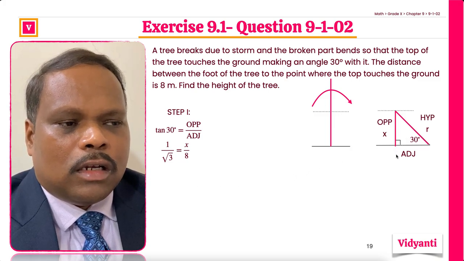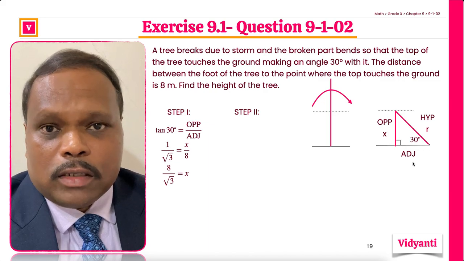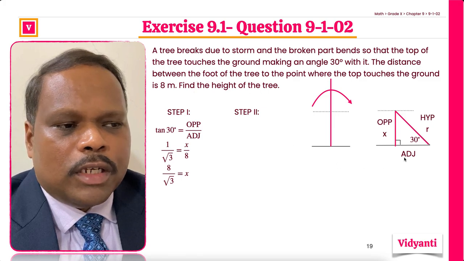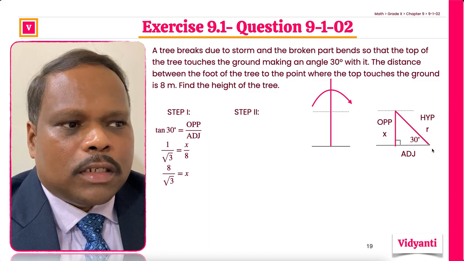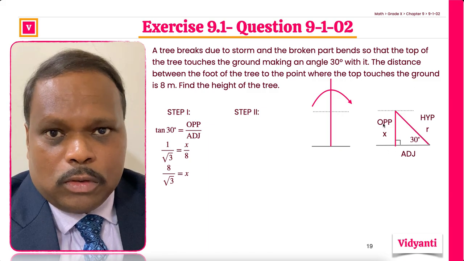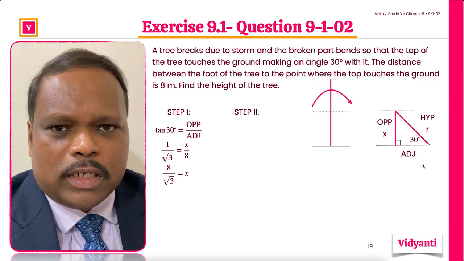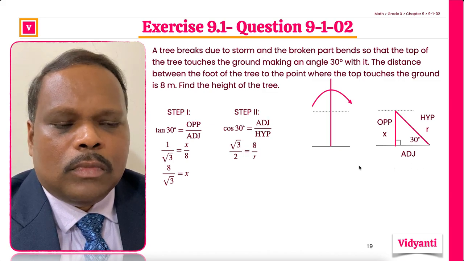Here the distance between the foot of the tree, which is this point, and where the top touches the ground, which is this point, has been given as 8 meters. So opposite is unknown, x, and adjacent is known. So we are trying to correlate opposite and adjacent. So we will get the tan ratio.